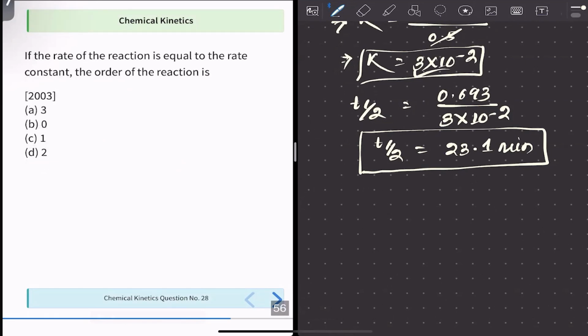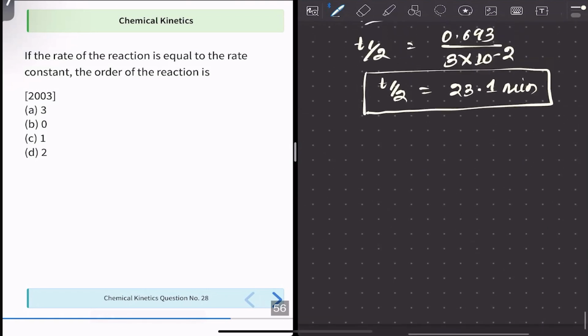Next question. If the rate of the reaction is equal to the rate constant, what is the order of the reaction? Okay, given is the rate of the reaction. Let's suppose the rate of the reaction is K A to the power X. But here the rate of the reaction is equal to the rate constant.